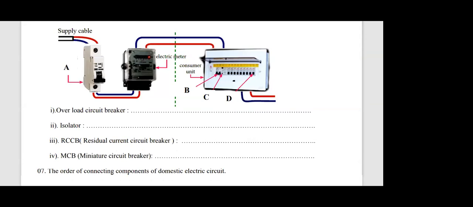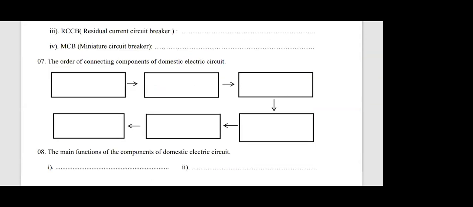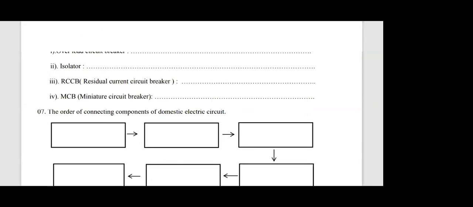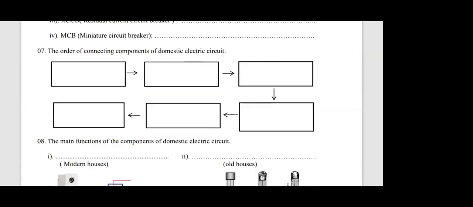Okay, then back to the next one. Number 7, the order. You can tell me the order. I use this in the PowerPoint slide also. I'll give 2 minutes. Can you quickly complete this? I'll give the starting one: connecting components. First you have to use the overload circuit breaker. Can you complete the rest without my help?